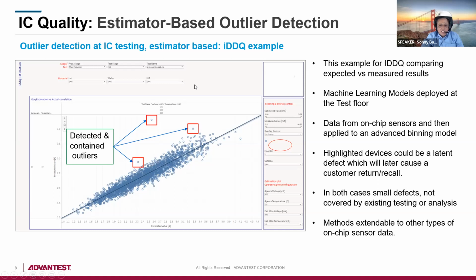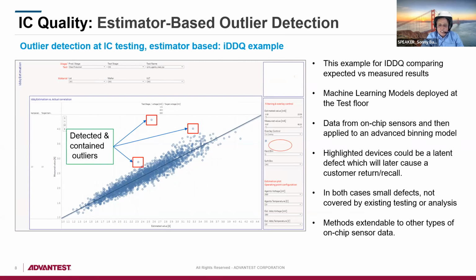In this case, as everybody knows, IDDQ, or quiescent current, is a good predictor of what kind of outliers you can get in a lot. So you are able to compare what you expect on IDDQ versus the measured results. The machine learning models tell you, okay, the measured results are different than what I expected, so it's an outlier.